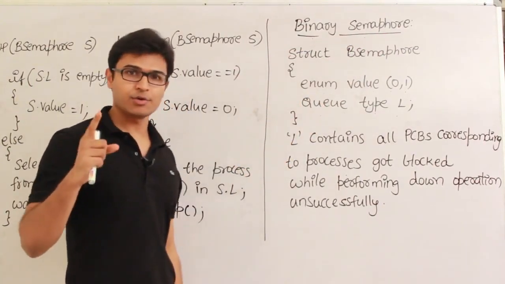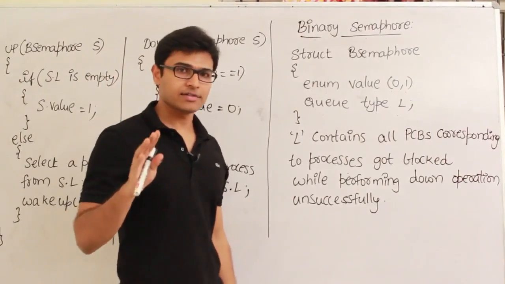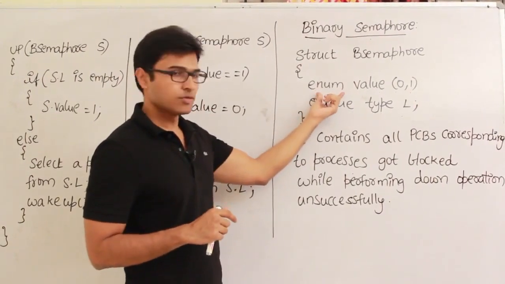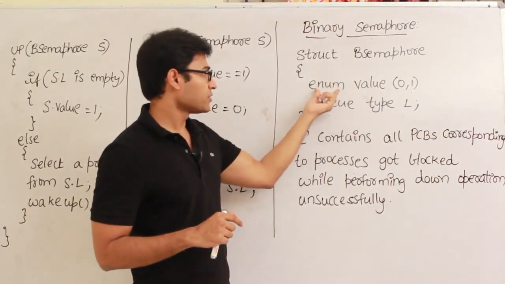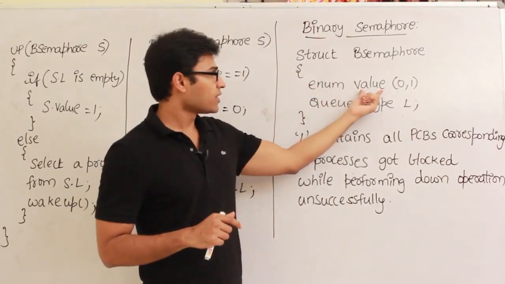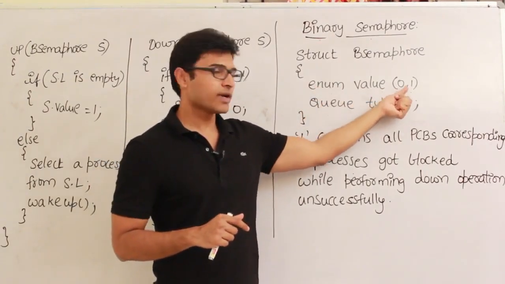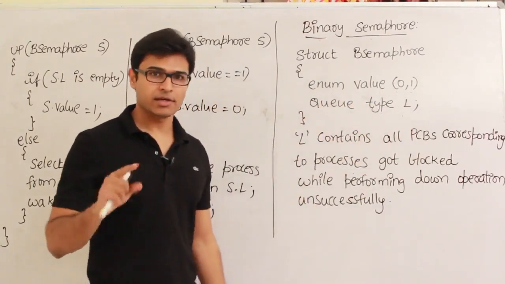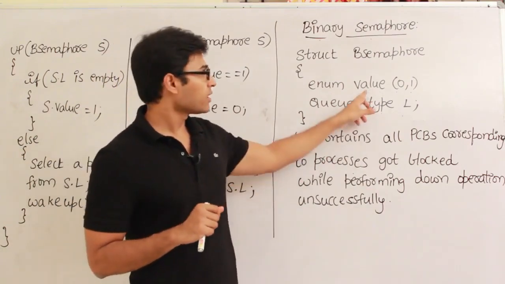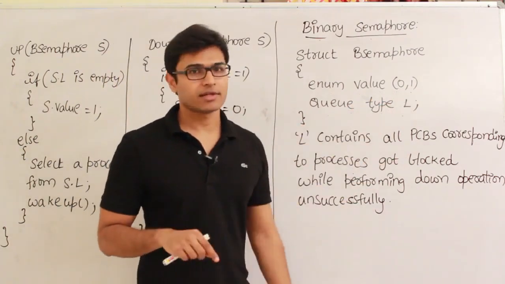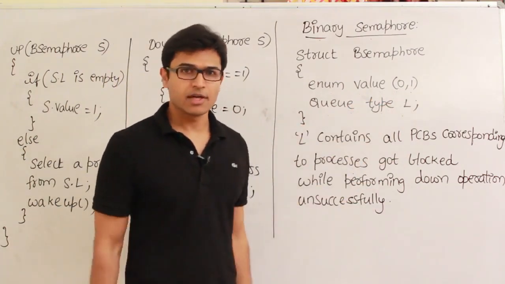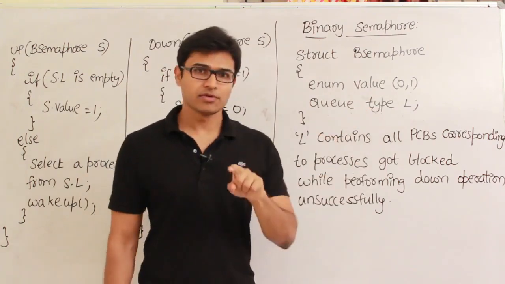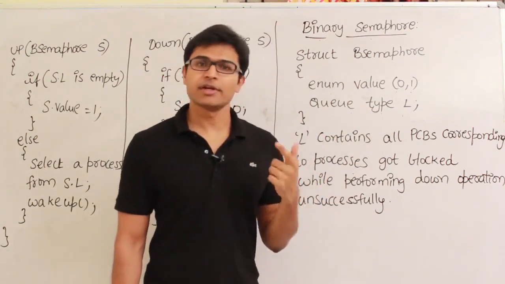Okay, we shall see it in C programming language. For now understand that whenever I write enum followed by something, it is enumeration. It means that this variable value can take only these two values, which means we are defining a data type where this data type will take only 0, 1. It is something like int we are defining, right? But then it can take only 0, 1. If you try to assign anything other than 0, 1, you will get an error.